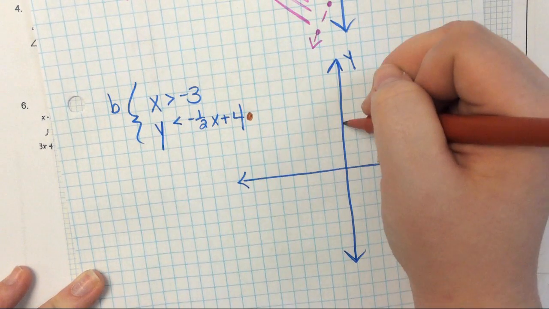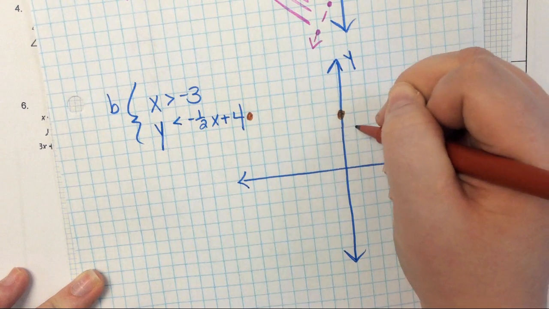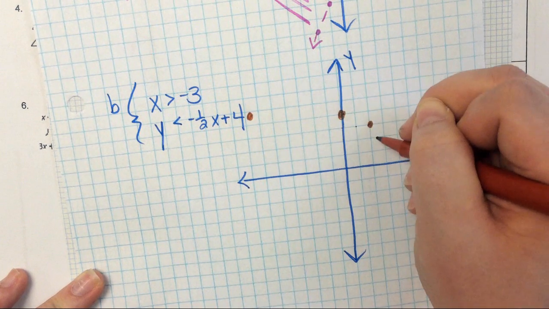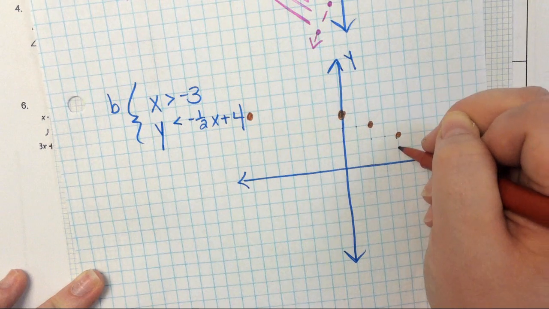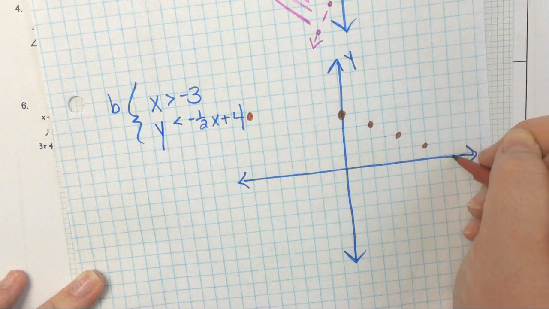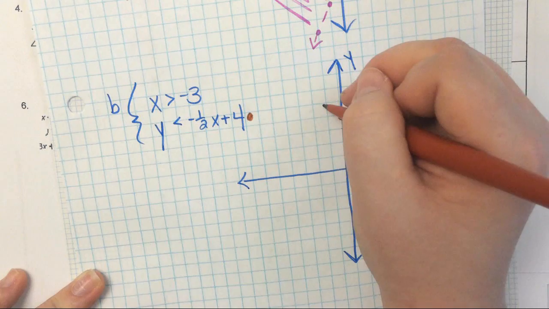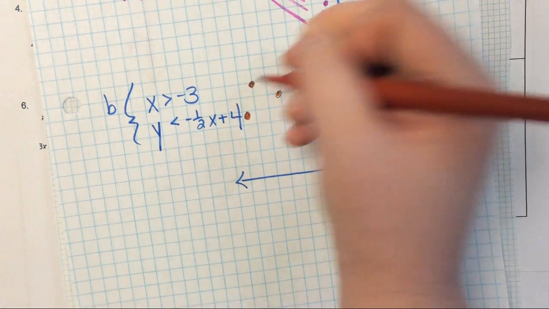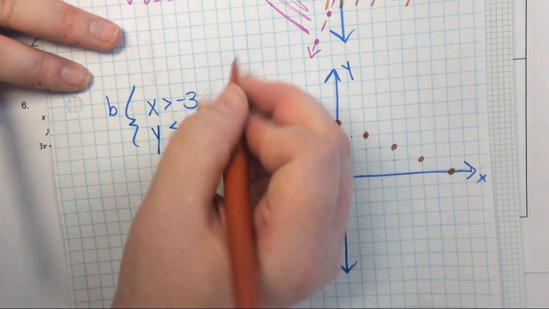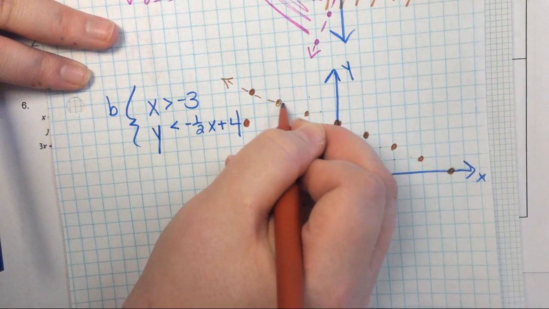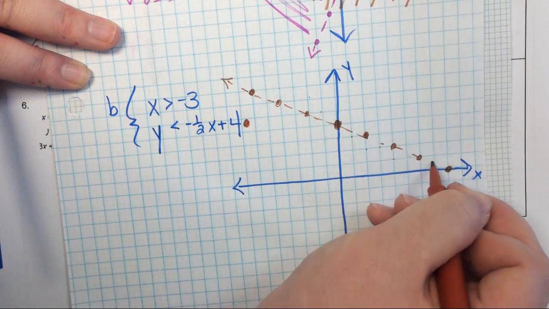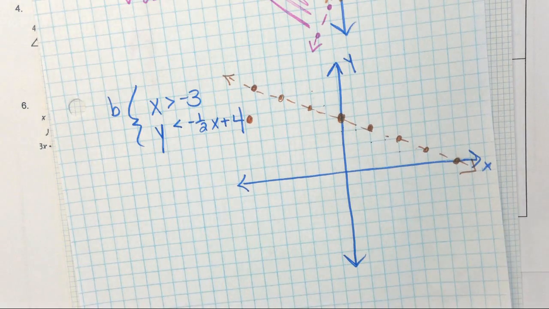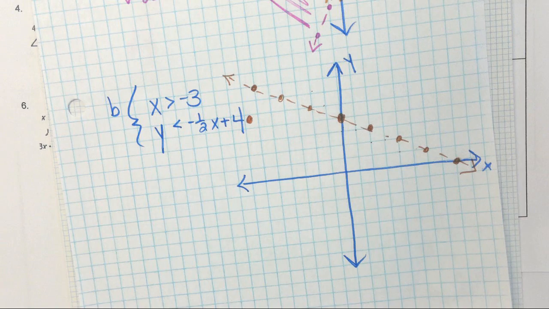Up to 1, 2, 3, 4. Down 1 over 2. I'm going to do a dashed line because the second one is just less than. And since it is a less than, where do I shade? Below. So I'm going to shade everywhere down in here.